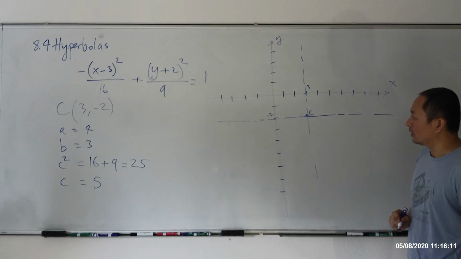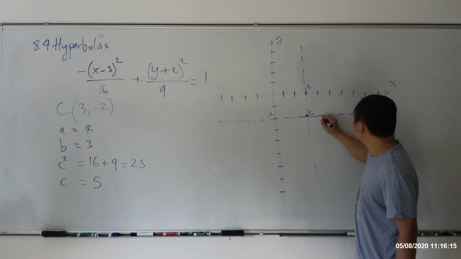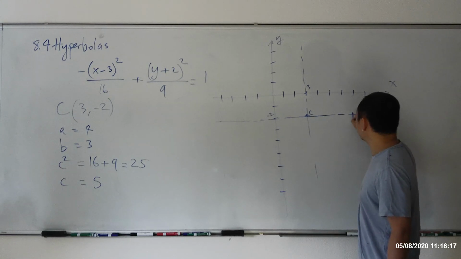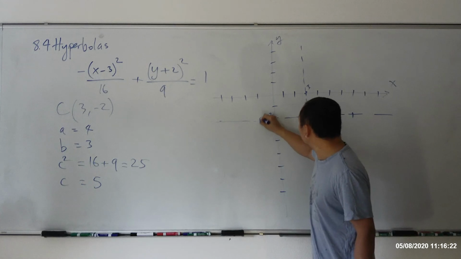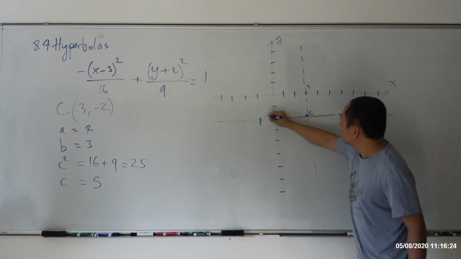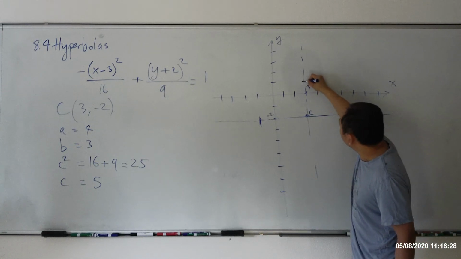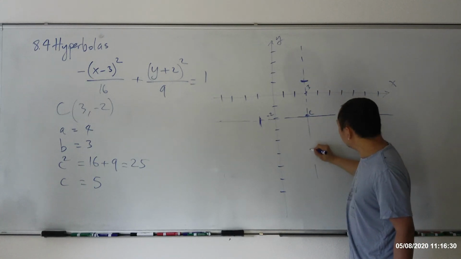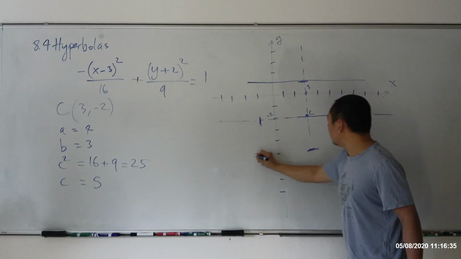(3, -2). a is 4, so we're going to go left and right 4 units: 1, 2, 3, 4, right here. And from the center we're going to go up and down 3 units: 1, 2, 3, down here. And of course, as usual, we're going to have a rectangle.